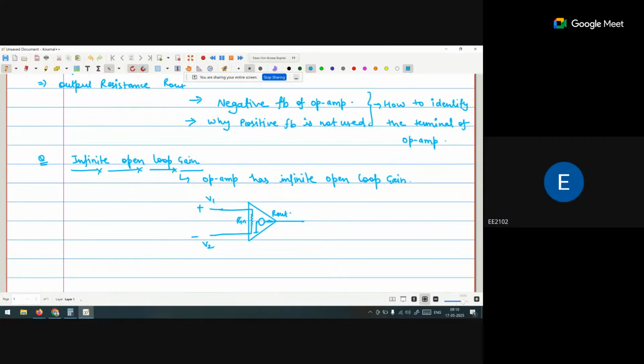That means when you are going to solve this, you consider that V1 is equal to V2 due to the virtual ground condition. What is the meaning of virtual ground condition?